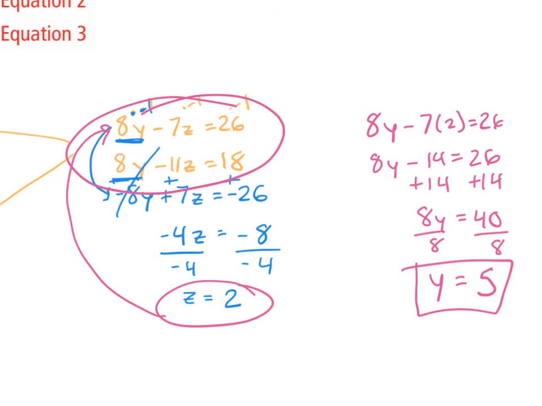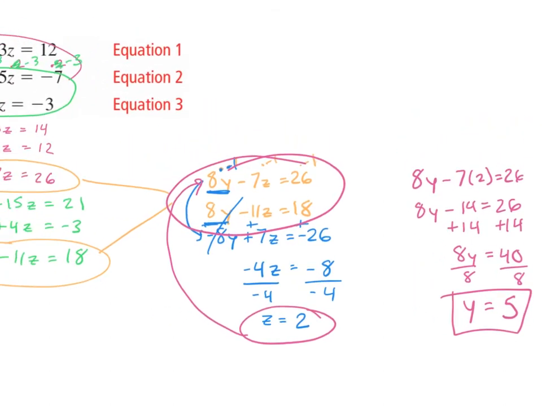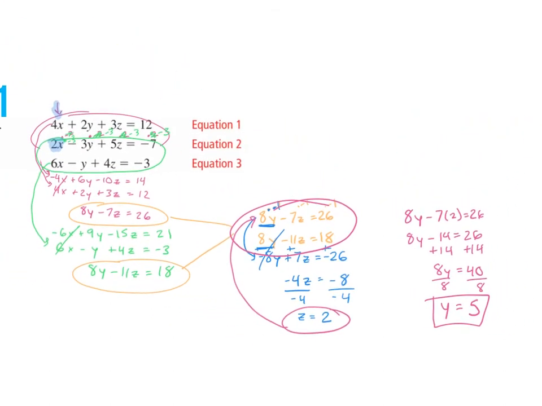So now that we have 2 variables, we can go back to one of our first 3 equations and plug in our z and plug in our y. So I'm going to plug it into the first one. We have 4x plus 2 times y, which we said our y was 5, plus 3 times z, which we said our z is 2, is equal to 12.